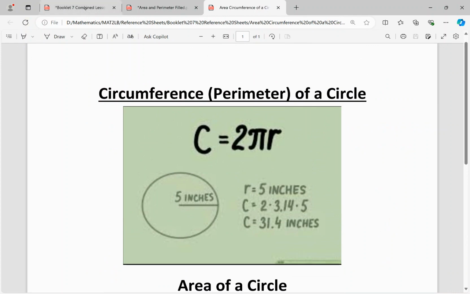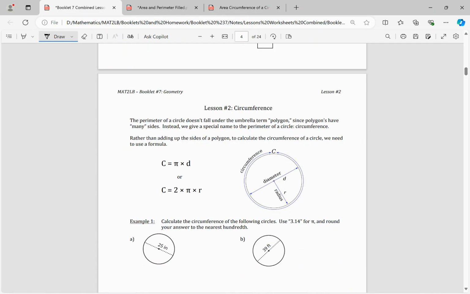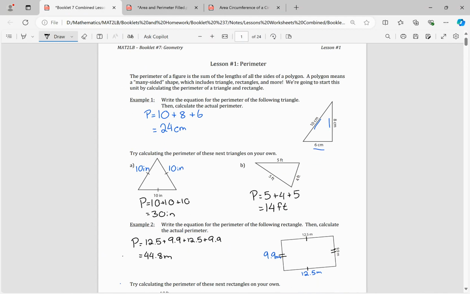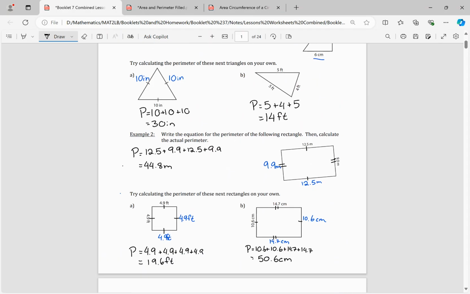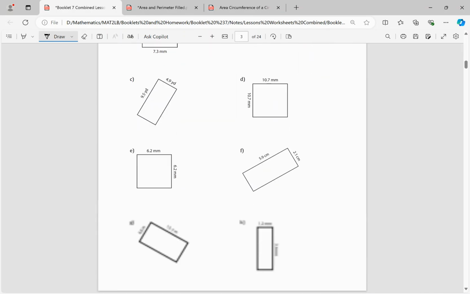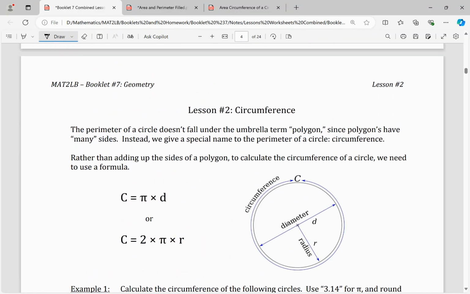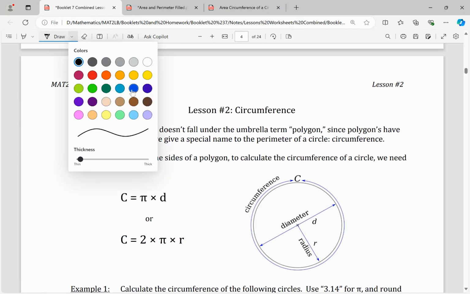So let's start with what is circumference. In the previous video, we talked about the perimeter of various shapes, such as a triangle, a rectangle, or a square. The circumference is kind of like the perimeter, but only if it's the perimeter of a circle.